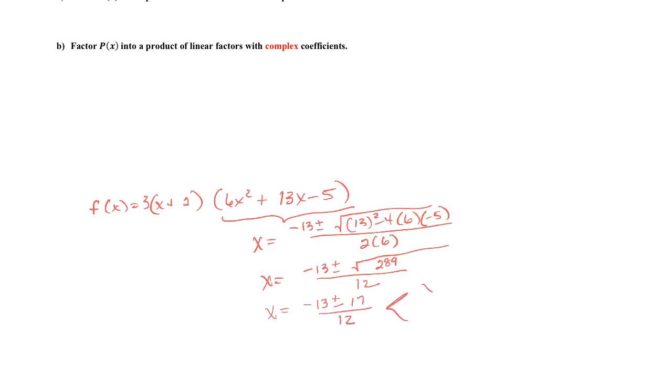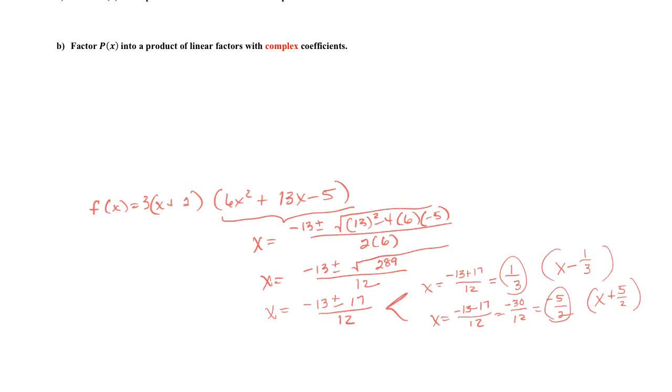I split this, so x equals negative 13 plus 17 over 12. 4 over 12 would be 1/3. And x equals negative 13 minus 17 over 12. This is negative 30 over 12, which is negative 5/2. Okay? And so my factors then, based on this, would be x minus 1/3 and x plus 5/2.